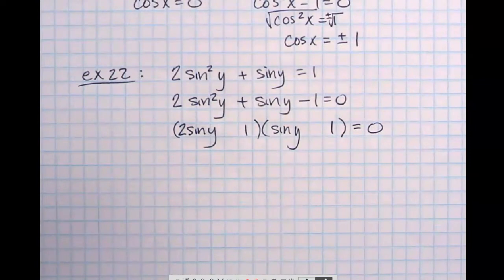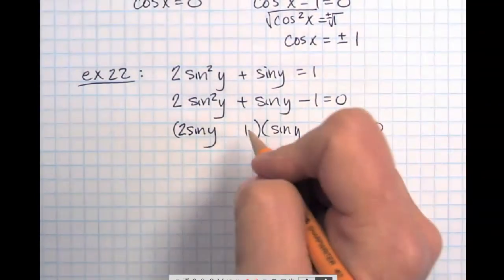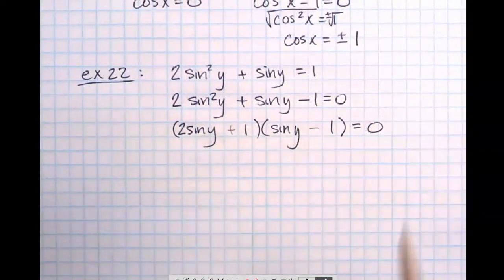Okay, so now I want to figure out the signs. Plus minus goes where so that I get positive 1 sine in the middle? Does it matter? Okay, so what if I had plus here, minus here?